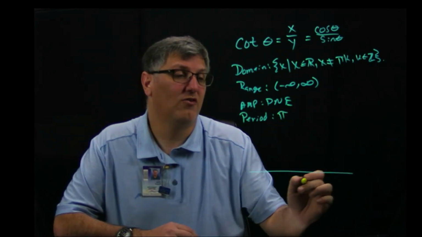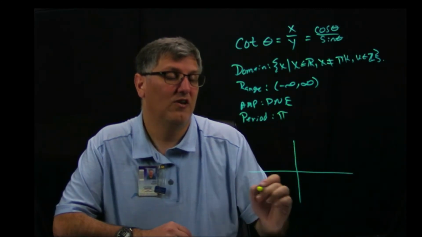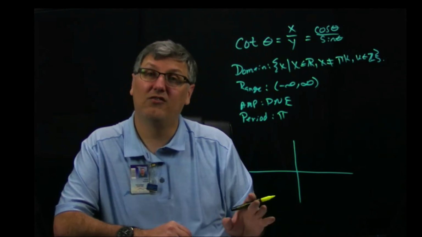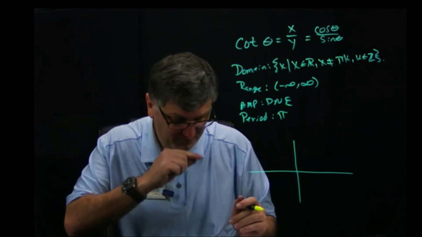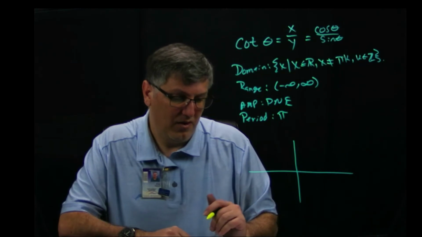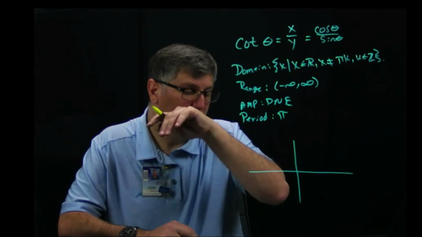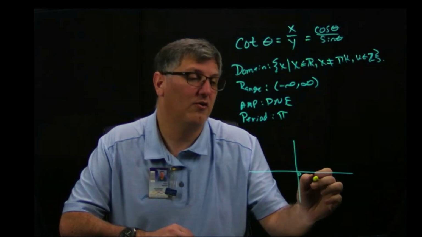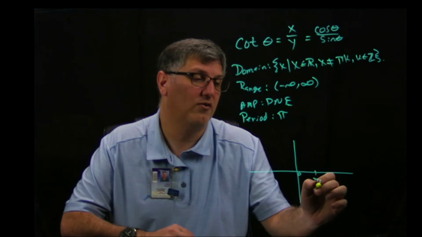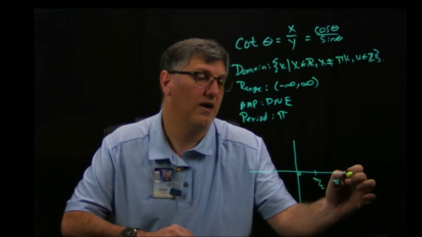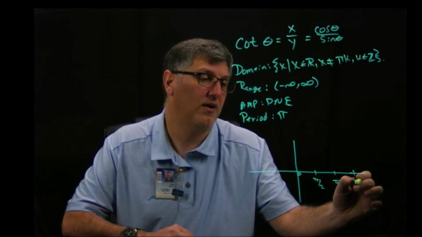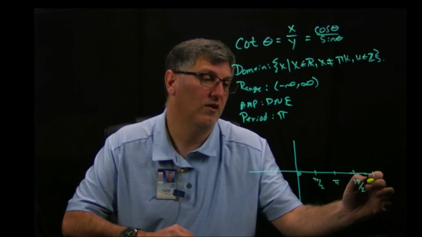Now, what this looks like, it's a little different than tangent that you would think of. We have 0, we're going to have, let's do pi over 2, pi, 3 pi over 2, and then 2 pi.